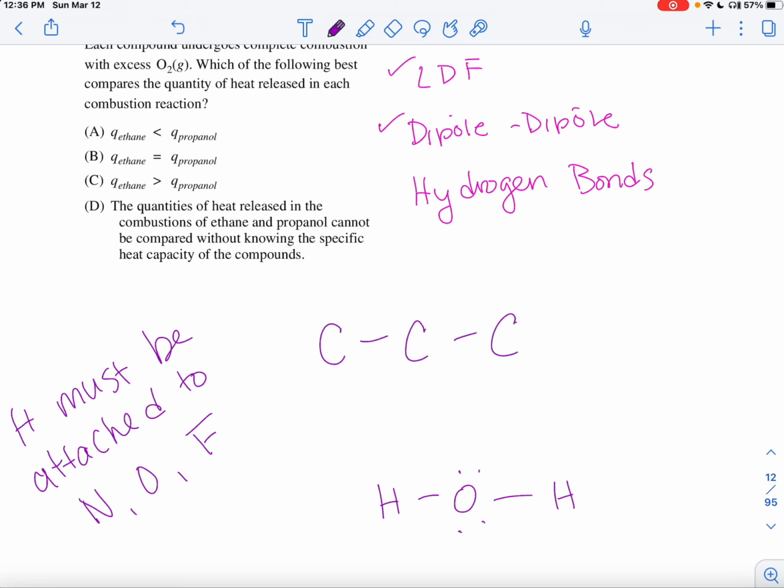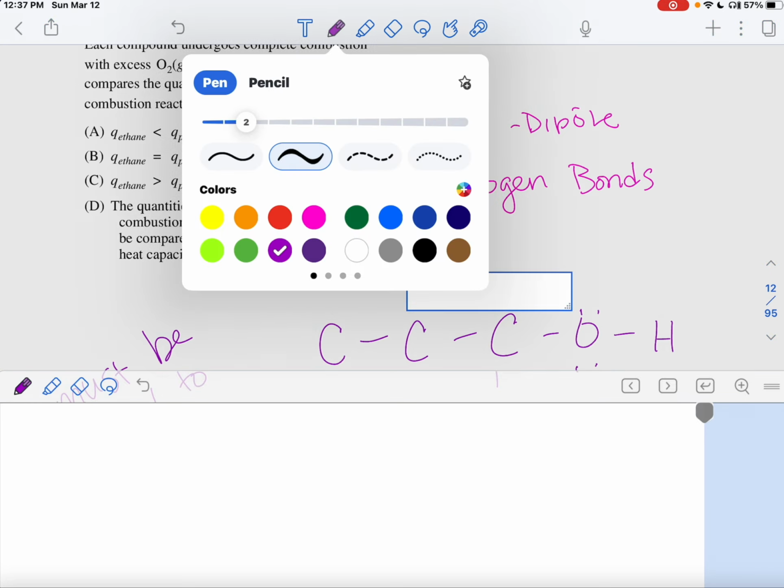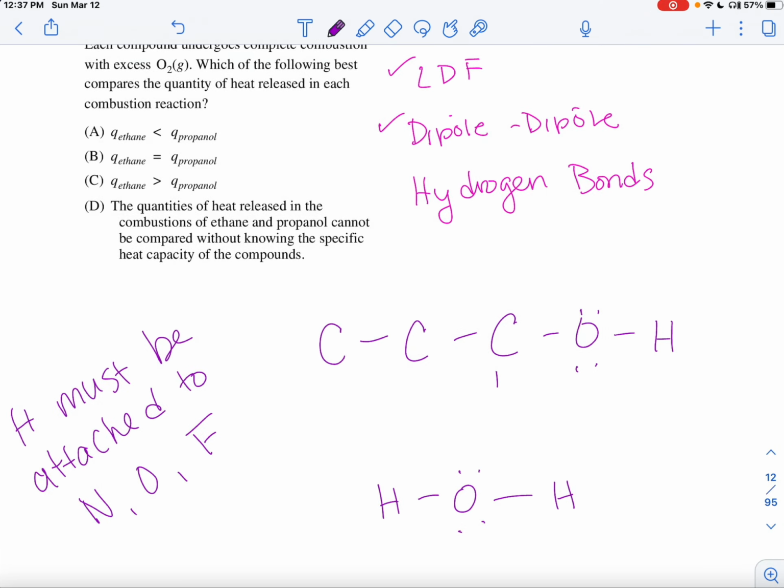Okay, that was fun. So here, if you're taking a look at this interaction, oxygen is extremely electronegative, hydrogen is not.